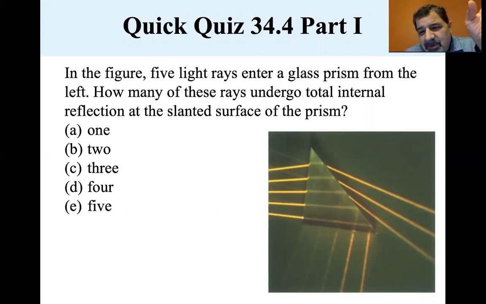There's 5 rays, 3 of them have escaped at the right-hand surface, but 2 of them have not escaped. They all come out the bottom, but 2 of them don't come out the right side. So the answer is 2. 2 of these rays undergo total internal reflection.